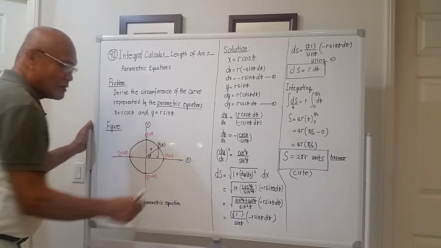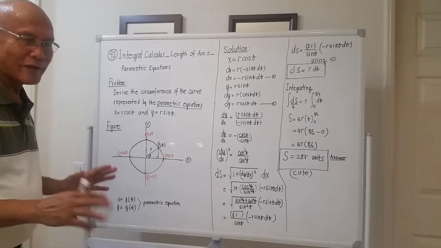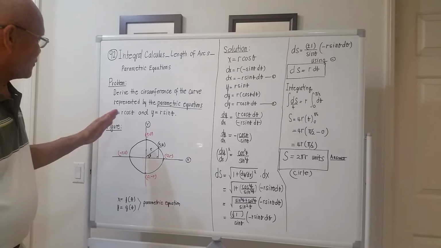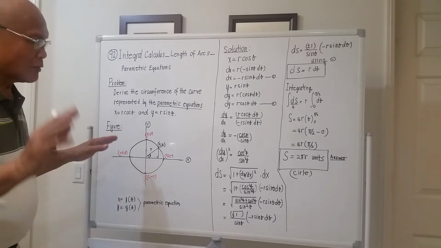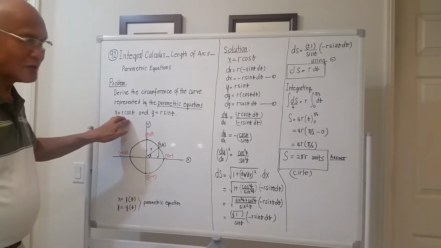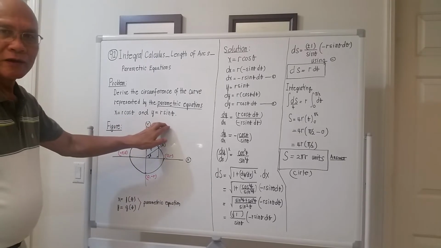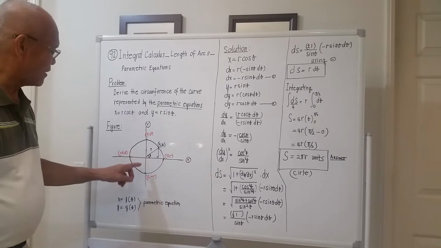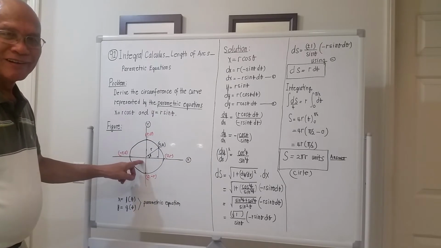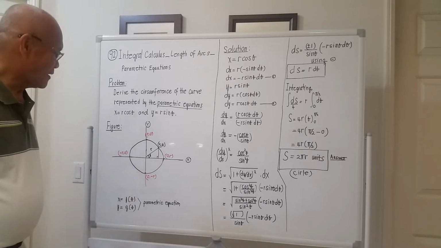Y-axis, x-axis. Why did I bring out the x and y-axis now? Because from here, later on, it will come out that the equations represented by x equal to r cosine of theta and y equal to r sine of theta is actually a circle with center at 0, 0. Later on, it will come out something like that.